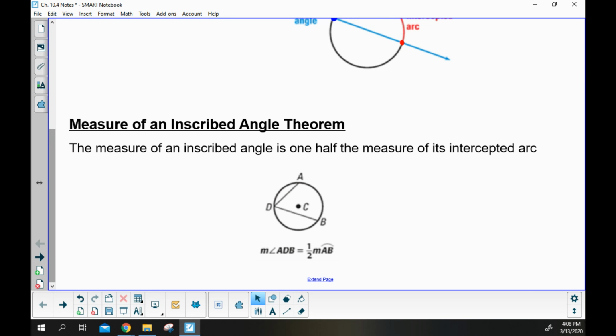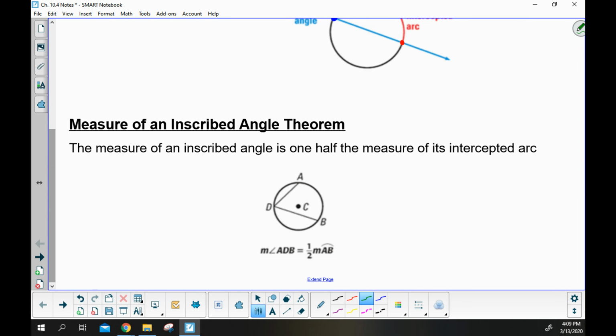Now, if you remember, your central angle, when it intercepted the circle, its angle was equal to whatever the arc was, or the arc was equal to the angle. However, with an inscribed angle, the measure of the inscribed angle is 1/2 the measure of the arc. So we see here that angle ADB is 1/2 the measure of the arc AB.